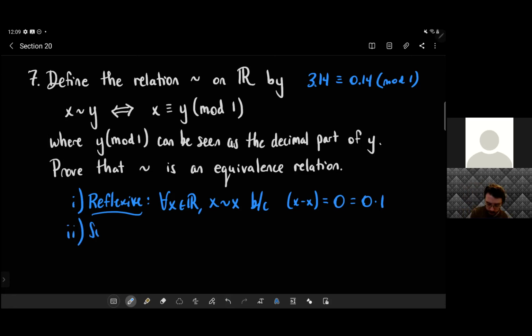2, you want to show symmetry. Again, this one's quick.